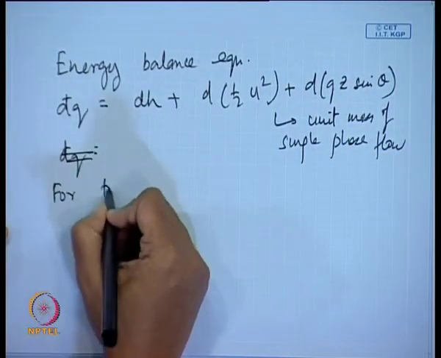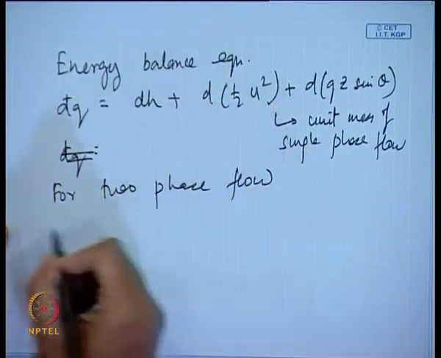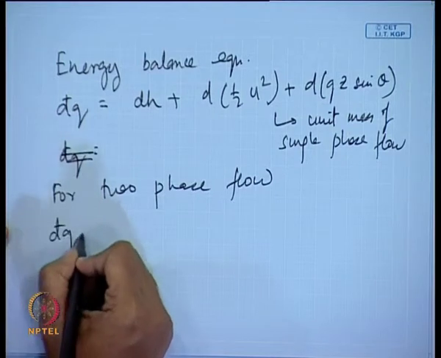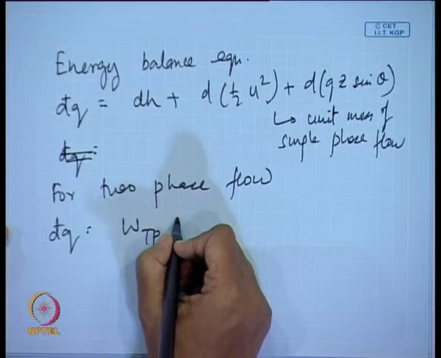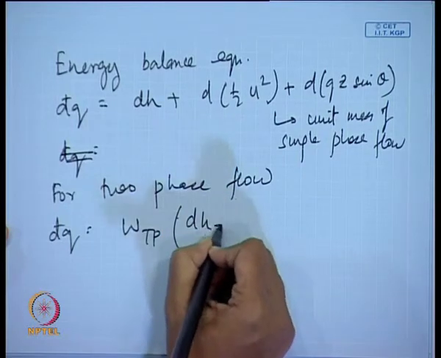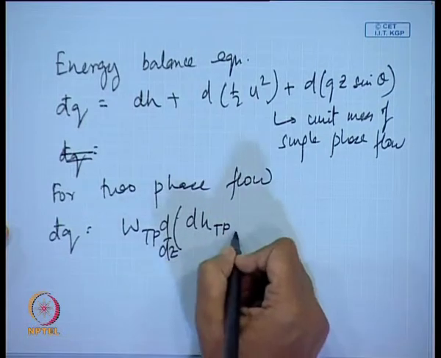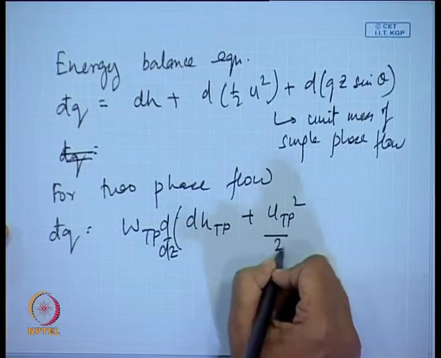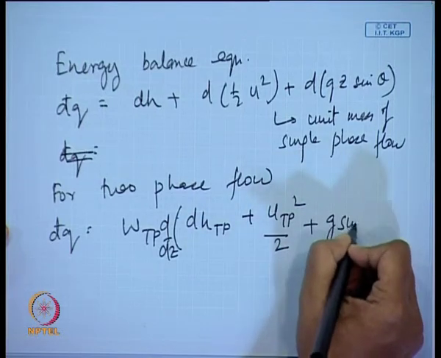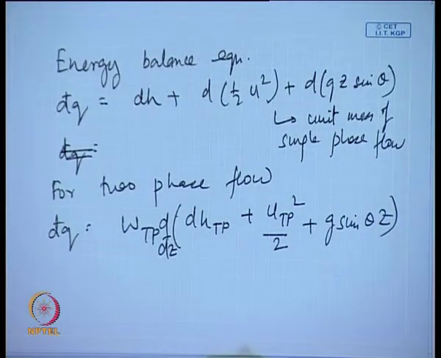For two phase flow, what do we get? dq equals to, if it is not for unit mass, then we will put a W TP, d dz of dH TP plus U TP square by 2 plus g sin theta into z. This is the energy balance equation that we can write.